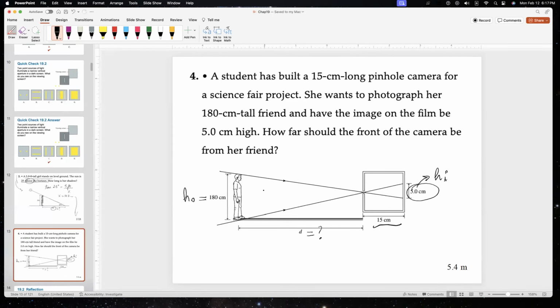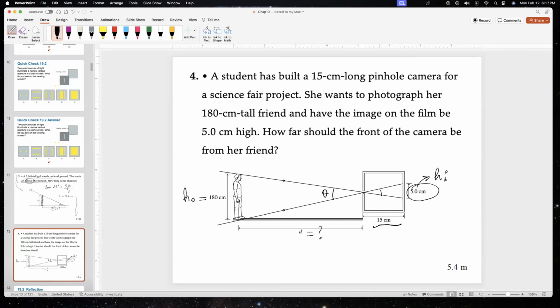Okay, so it comes from similarity of triangles, guys, because we know from trigonometry the angle here will be equal to the angle there. They have to, they just follow the same directions, right? So basically, I know these are not right triangles, but you can create a right triangle and say, essentially, you will find that H_I is to H_O just like D_I is to D_O, right?